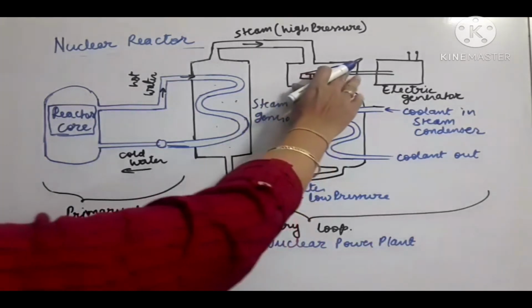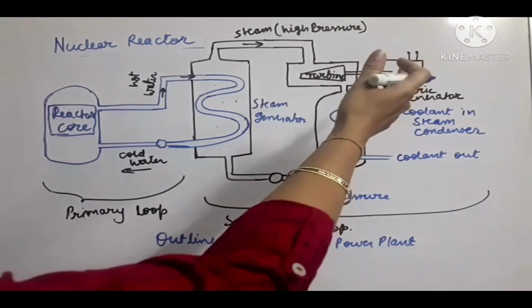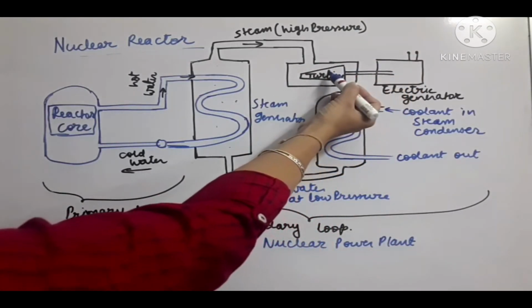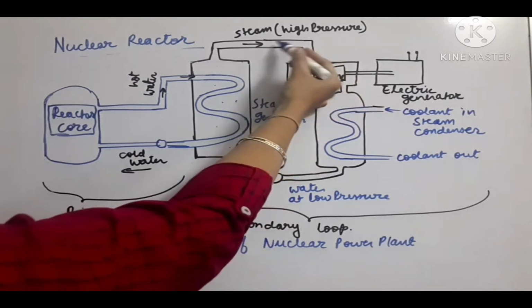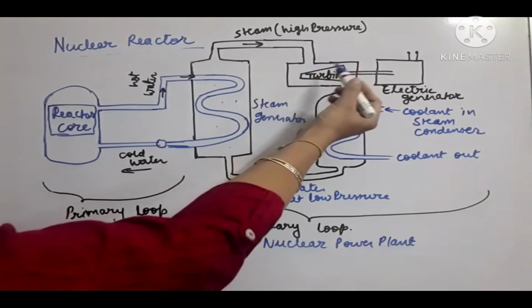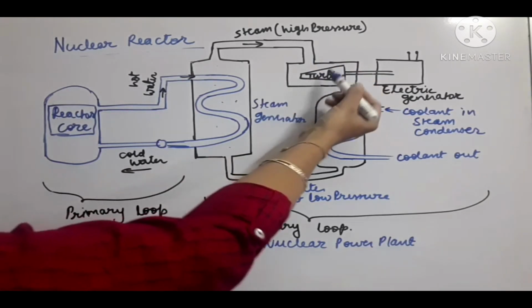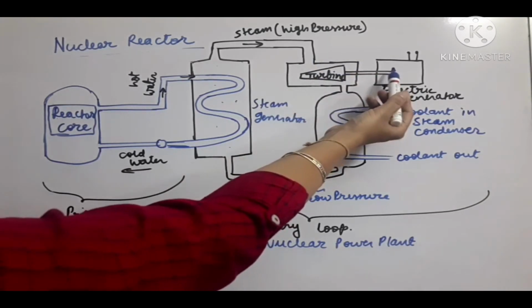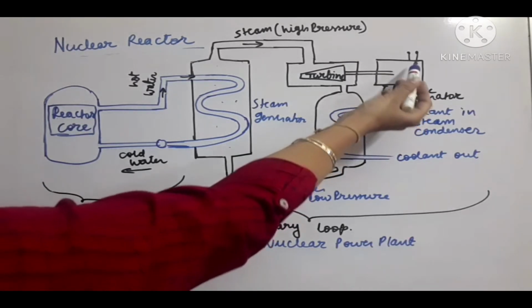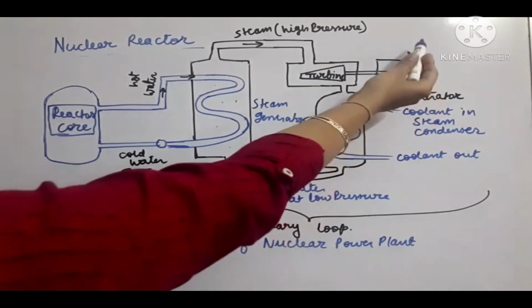So we want to move the coil somehow. That movement of the coil is done by the turbine, and this turbine is moved with the help of this superheated steam. Once the turbine blades move, they make the coil of the AC generator also move, and this way the induced current is produced, which can be taken out here.